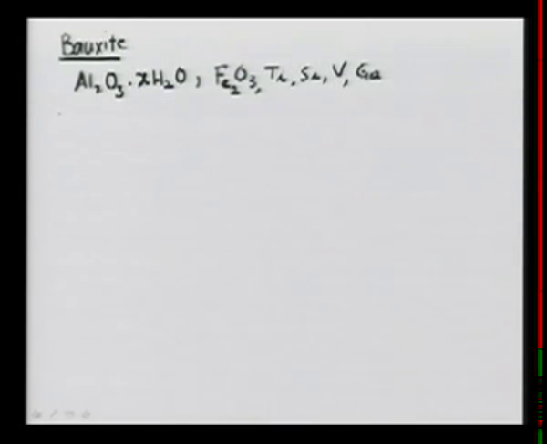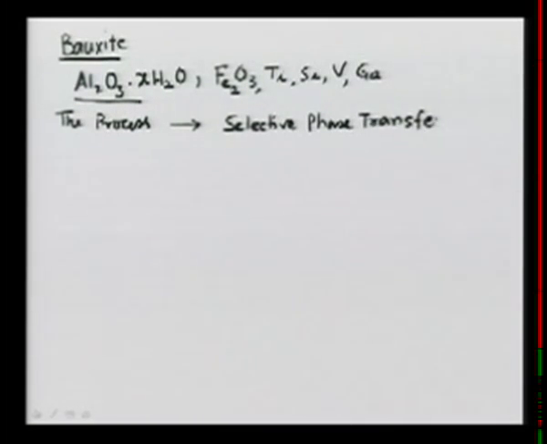The process through which we like to enrich the alumina out of the bauxite is something we can refer to as the selective phase transfer. And we will see how the selective phase transfer is done.